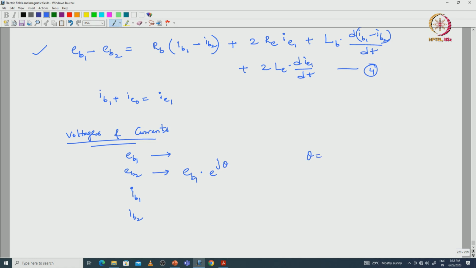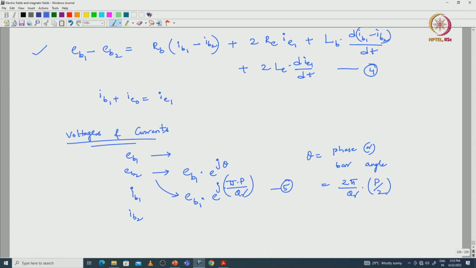Here theta is the bar angle, equal to 2 pi by qr with respect to the mechanical displacement, into p by 2 will give the electrical angle conversion. So e power j theta we can write as EB1 into e power j pi into p by qr. This is the EB2 equation, equation number 5.